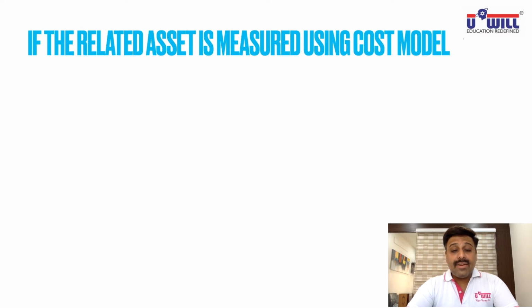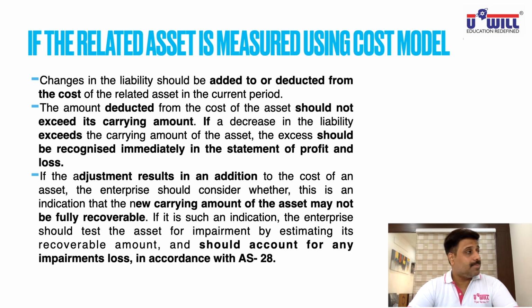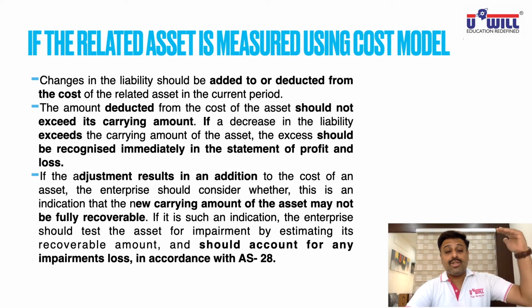Next, if the related asset is measured using the cost model, there are two models we can use, cost model and revaluation model. So if the related asset is measured using the cost model, what points do we have to consider? Changes in the liability should be added or deducted from the cost of the related asset in the current period. Okay, so any change in the liability we discussed in the previous slide, if it is increasing, it should be added to the cost.